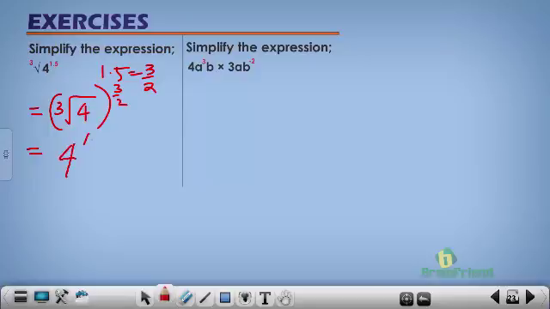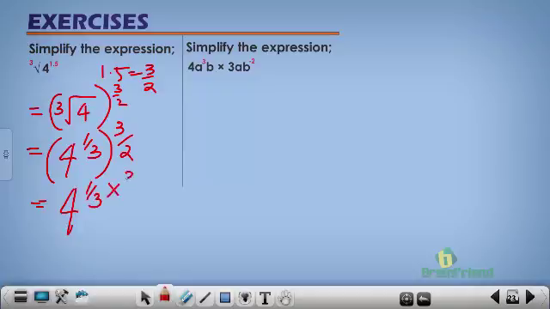If we go on to still rewrite this, it will give us 4 raised to the fractional index 1 over 3, which of course we told you is the nth root, all raised to 3 over 2. By our index law, this would give us 4 raised to power 1 over 3 times 3 over 2.